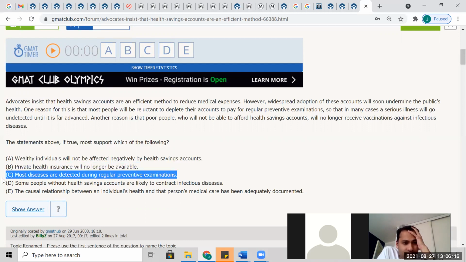C was most are detected during one disease for that is most will be reacted to insulin. Well, maybe it doesn't have to be true. Most is very strong.